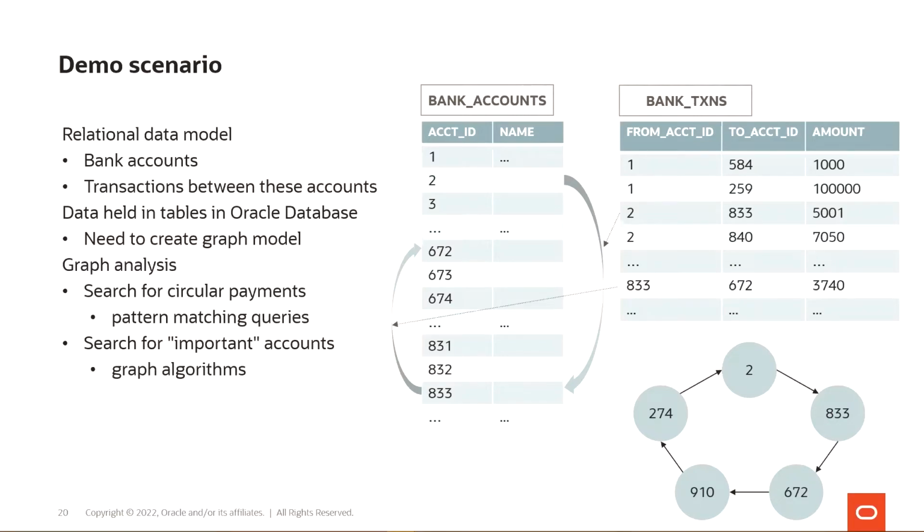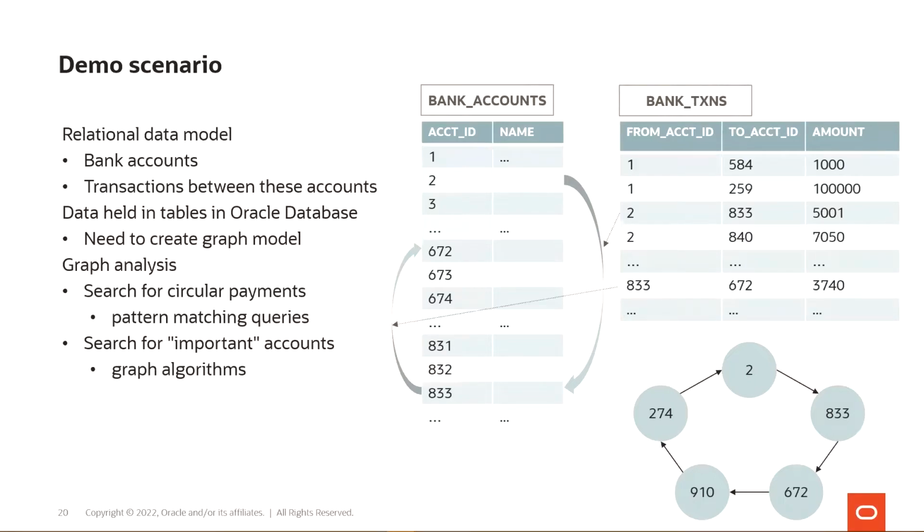What we are going to do there is take a relational model of a similar use case we've seen before. So we are going to look at bank accounts and transactions between those bank accounts that are stored in two tables. Then we are going to take this data and translate it into a graph model.